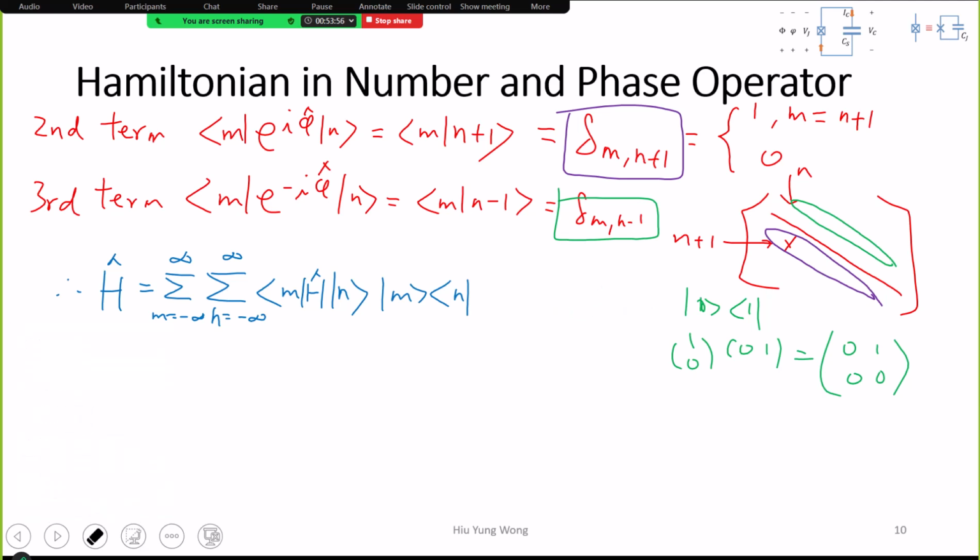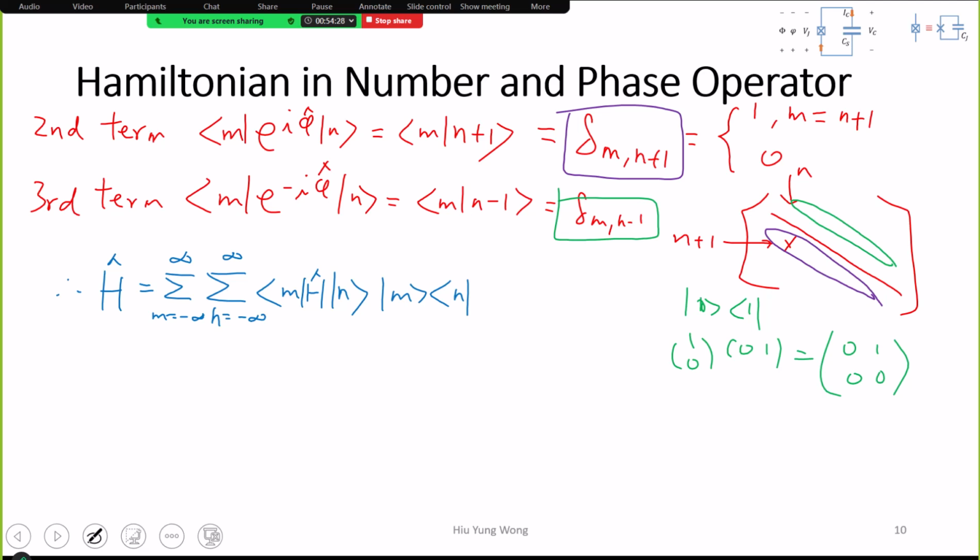Maybe I don't need to do this, right? So each of these outer products will give me one location in this matrix. And I just multiply by this number, then you fill up the matrix, and then you just sum over them. You sum over the row, sum over the column, then you will get the final matrix. I hope you can go back to practice this one more time, okay?